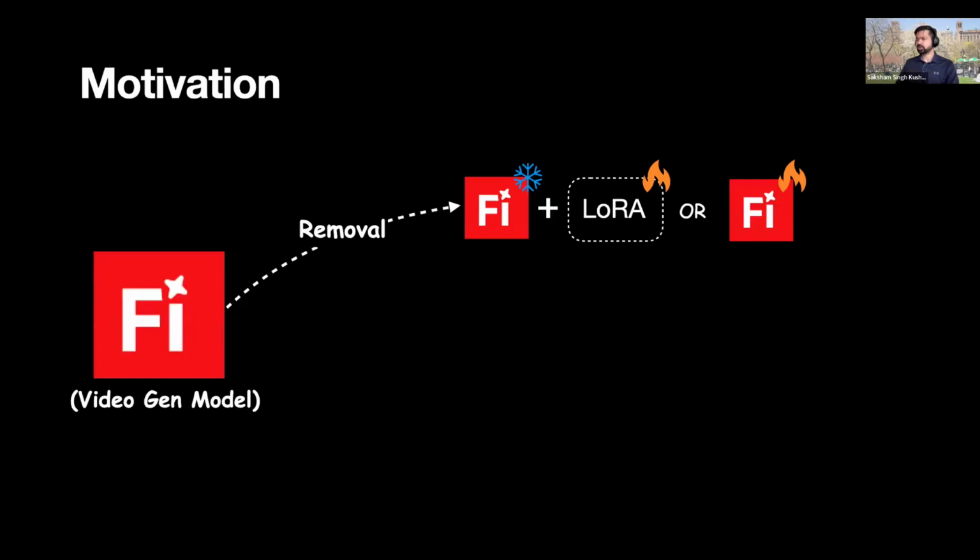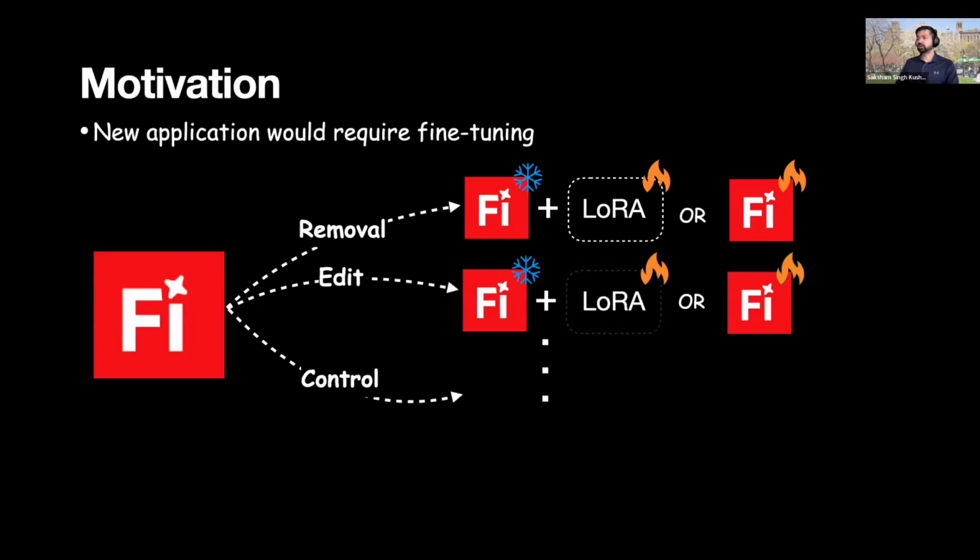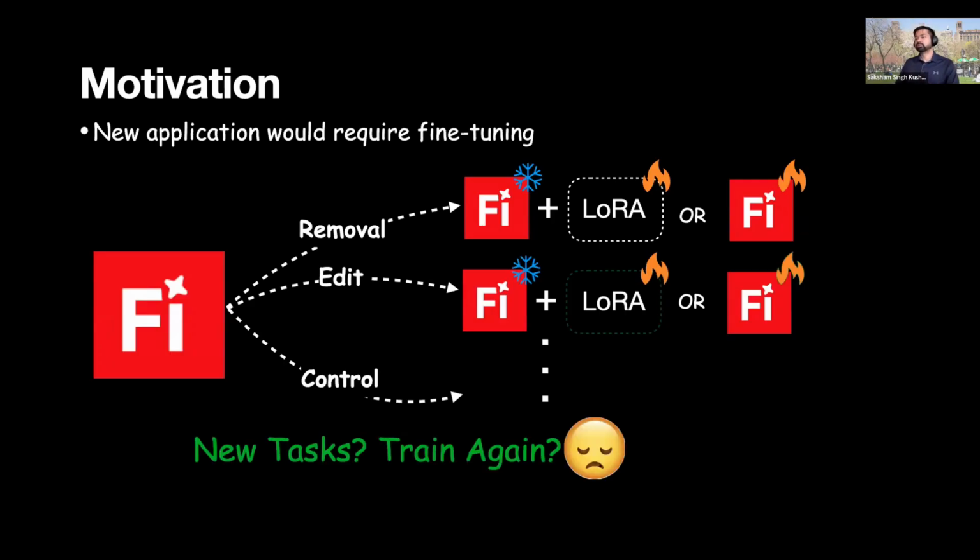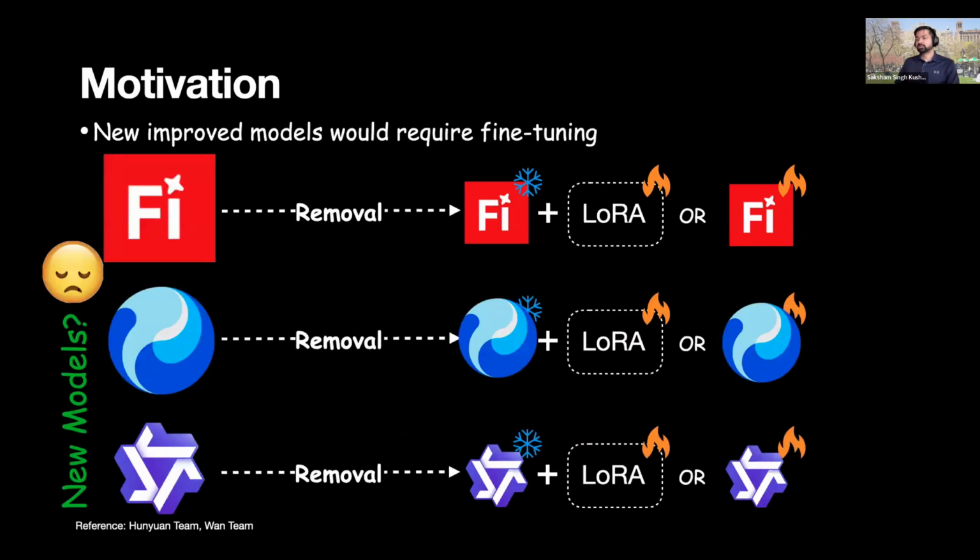But there are some limitations. What if new applications come up tomorrow? Then we will have to train it again. And with time, the models keep on improving, so we will have to train them again.